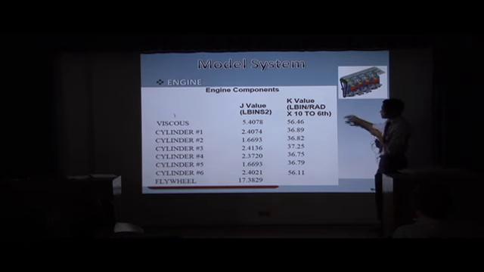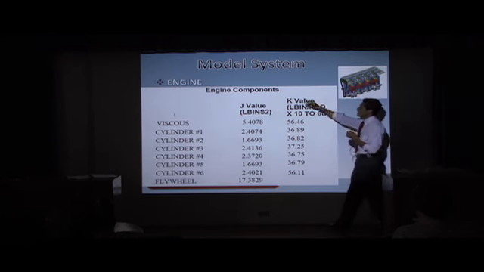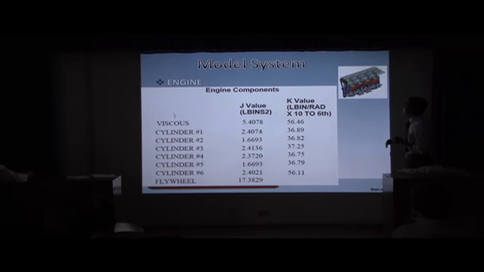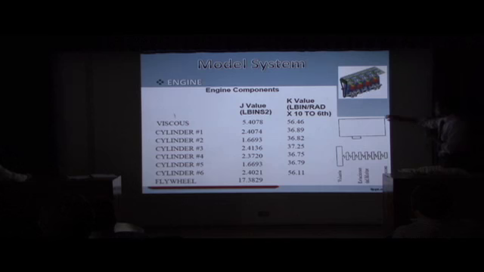In this picture we have the inertia and torsional stiffness, and this picture is provided by the manufacturer. And finally, we have the real engine, and here we have the linear model of the engine.